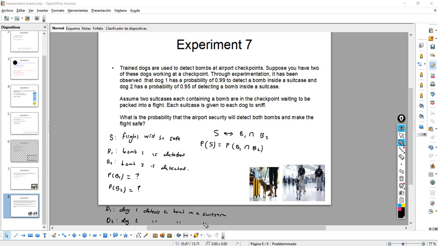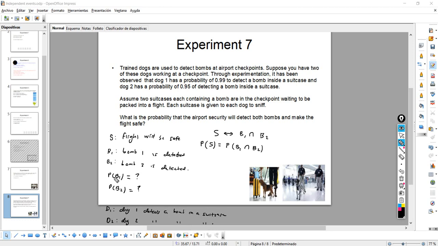So D1 is basically this, the probability that when you give a suitcase with a bomb to a dog to sniff, the dog will detect the bomb inside the suitcase. That's D1. And D2 is the same for dog 2. Basically the same. So how can I reinterpret B1 in terms of D1 and D2?